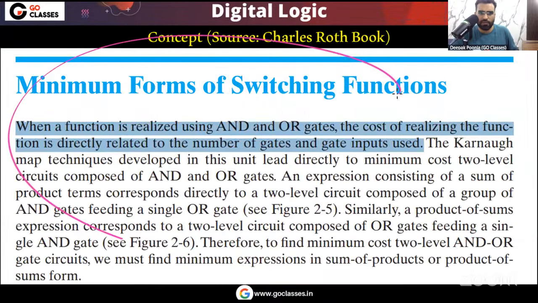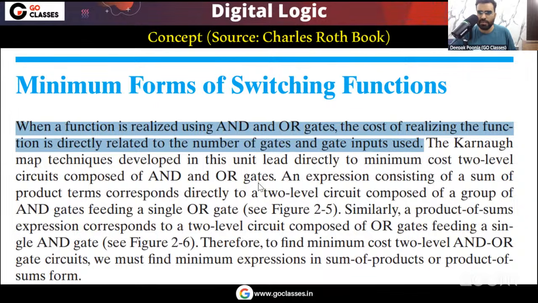The concept I have already covered here. You can see this concept. Basically, when a function is realized using AND gates and OR gates, then the cost of realization is the summation of the total number of gates and the number of gate inputs. Just do the summation.